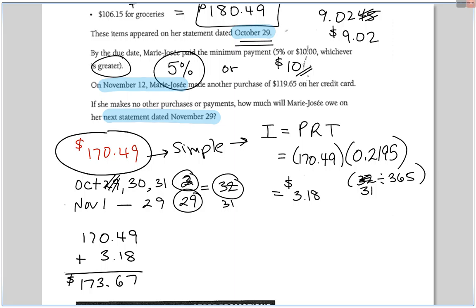Okay, now we gotta do the next month. Okay, so this is carried forward to the next statement, plus any new purchases.